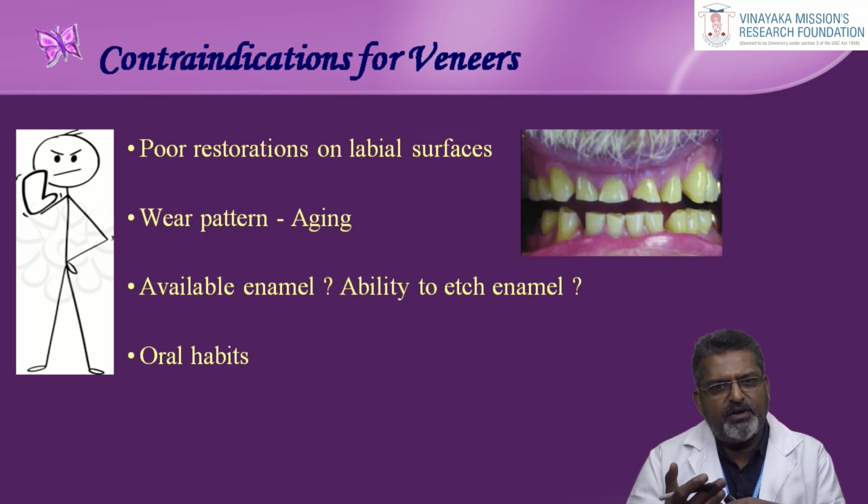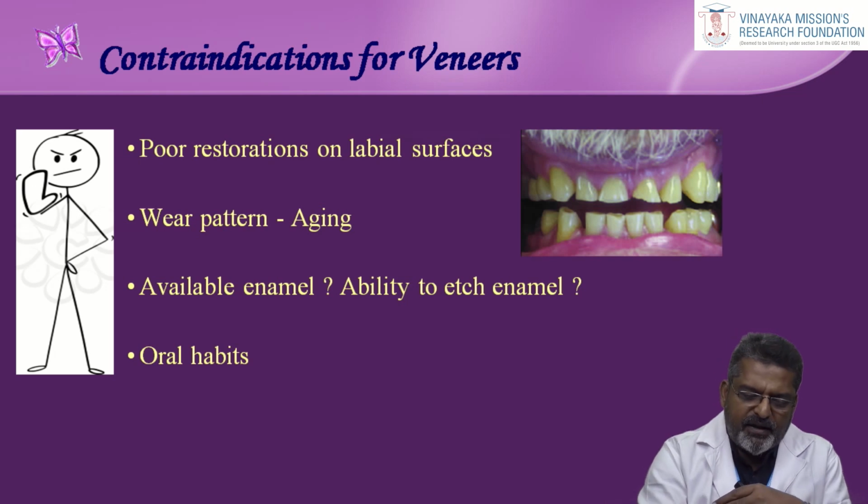If the enamel thins out, and you do a preparation over it, it is going to end up in the dentinal area, which is going to bring down the bonding strength of your resin. So in a very old patient, veneering is not advisable.